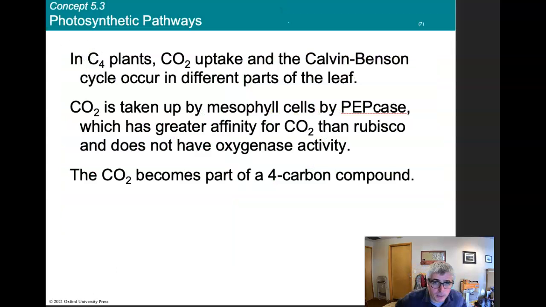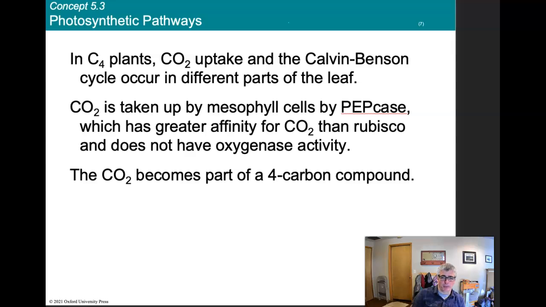In C4 plants, carbon dioxide uptake and the Calvin-Benson cycle occur in different parts of the leaf. So what we're doing is moving the carbon dioxide uptake away from the Calvin-Benson cycle, the carbon dioxide fixation part. Carbon dioxide is taken up by mesophyll cells by PEP case, which has a greater affinity for carbon dioxide than Rubisco, and it does not have oxygenase affinity.